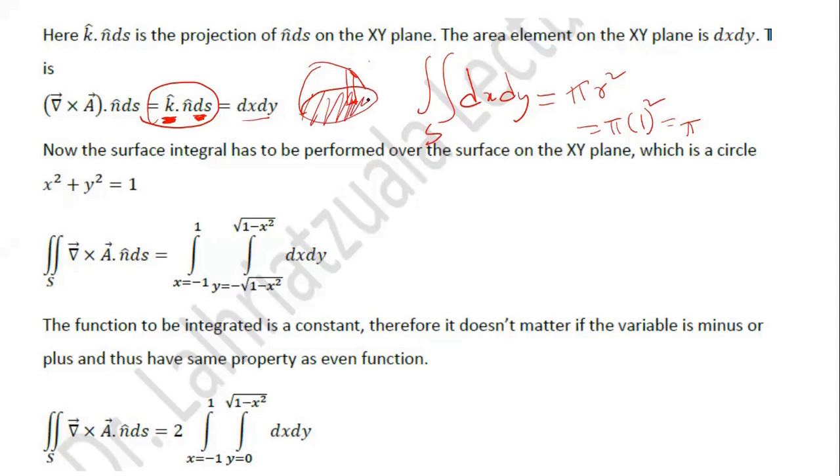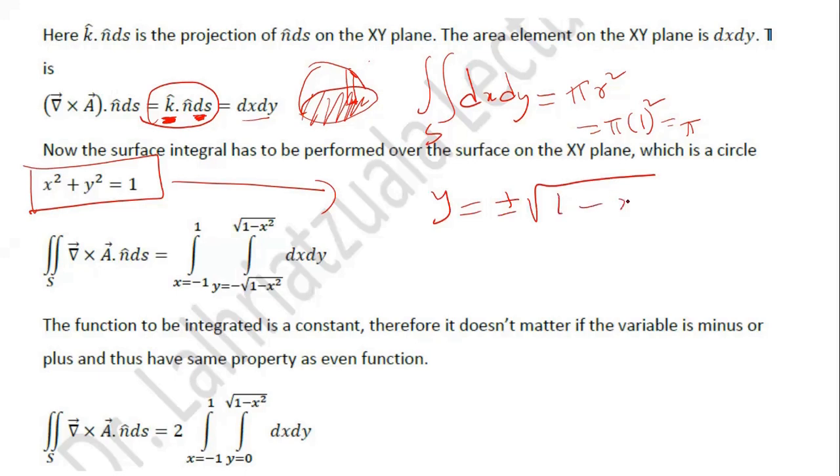Okay, but if you have some doubt about it, you can again follow the integration steps like I discussed before, by writing the equation of the circle on the xy plane as x square plus y square equal to 1, and from here you can take the limit of y from minus to plus square root of 1 minus x square. Here you write the element as dx dy, then you integrate from x equal to minus 1 to plus 1.